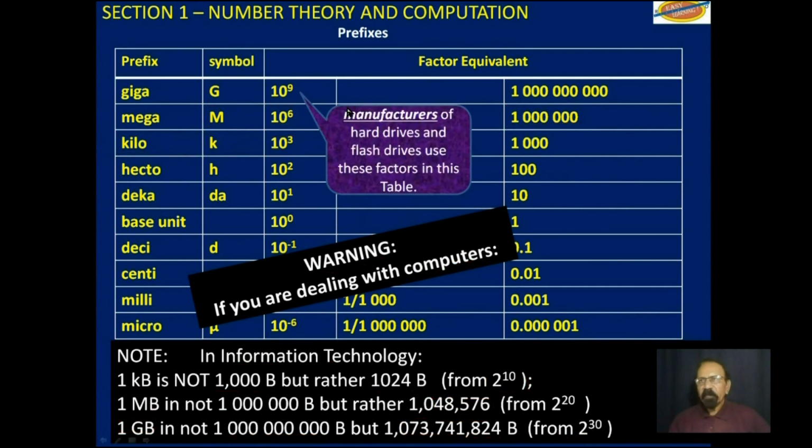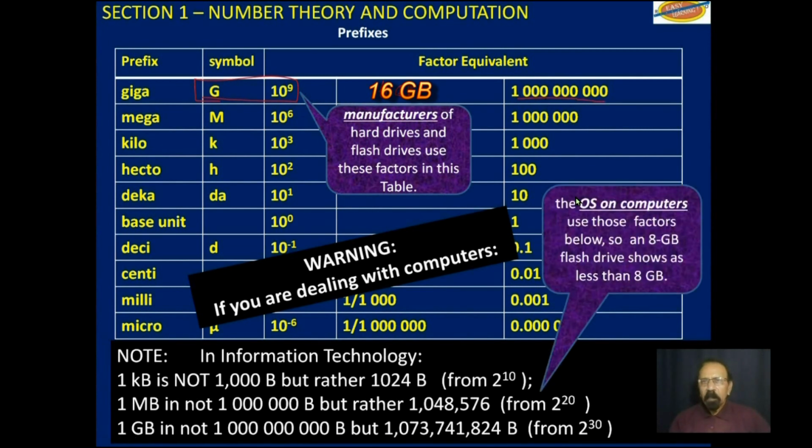So if you buy a flash drive, let us say 16 gigabytes, that is what it will say. And because the manufacturer is using this conversion factor, they are dividing by 1 billion. But the operating system on your computers is not using this here. They are using these down here. So your computer OS will not divide by a billion.